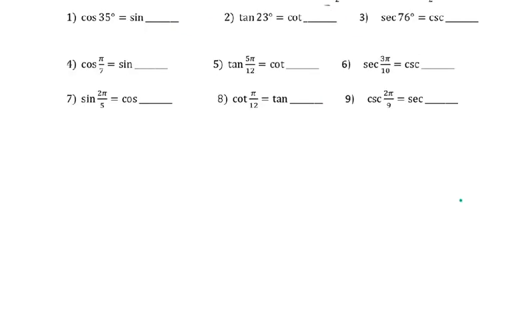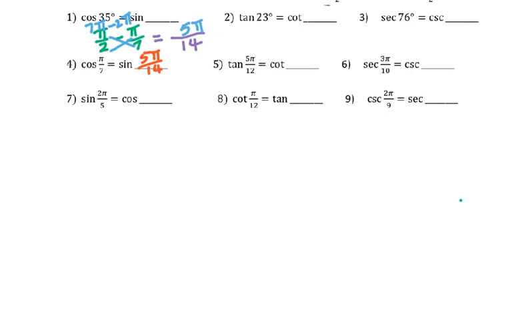For number 4, cosine sine, you have to use pi over 2. Subtract pi over 7. Then denominator multiply, that's 14. Then we do cross multiply. 7 pi minus 2 pi. So get the 5 pi. Therefore, 5 pi over 14 will be the solution.